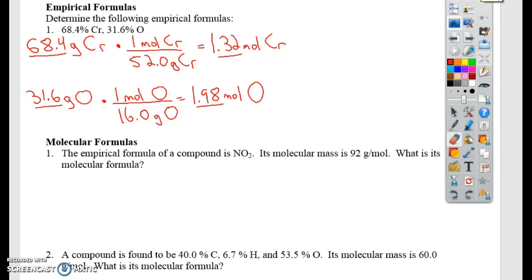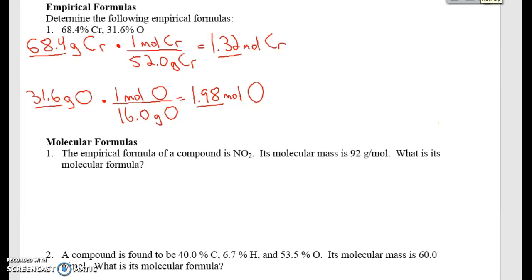And the best way to do that is take the smaller of these two numbers. So we have 1.32 and 1.98. Divide by the smaller of the two. And what that does is that makes it so you have 1 mole of chromium. When you divide by the smallest of those two numbers, it's automatically going to give you something that's 1, and everything else is going to be bigger than 1.